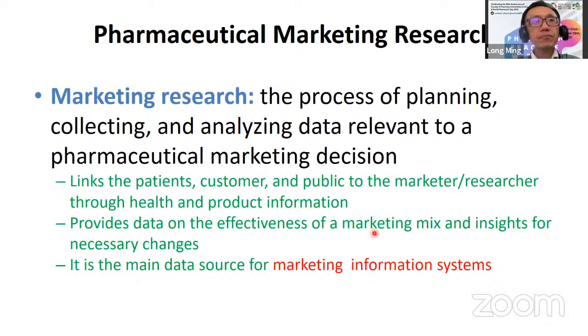Okay, this is the main data source for the marketing information system. Towards the end of our webinar, we're also going to discuss what this marketing information system is. Okay.